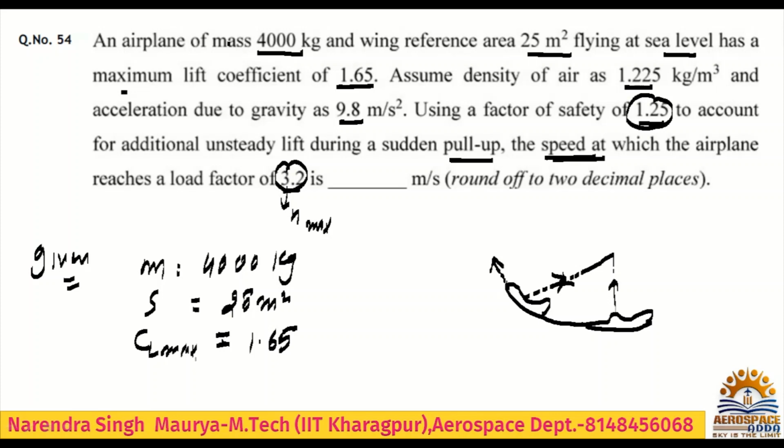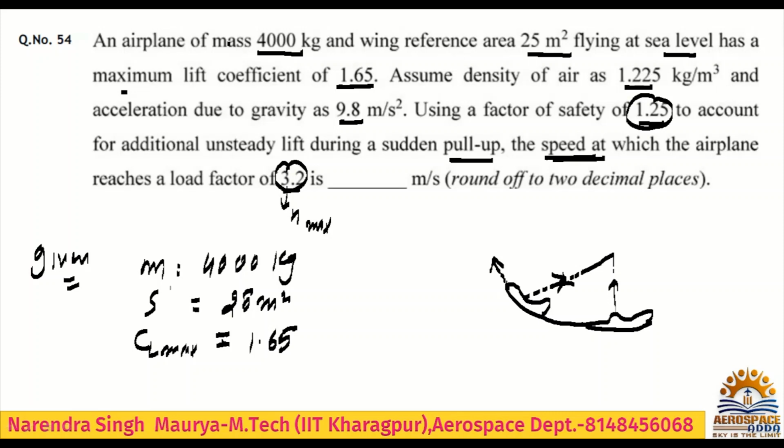That is the meaning of it. So whenever the maximum lift coefficient is given, they are asking what is the minimum speed required to sustain flight condition for the aircraft. Minimum speed is also called the stall speed, that you know. So with the help of maximum lift coefficient you can calculate the stall speed or minimum speed. That's the one point.